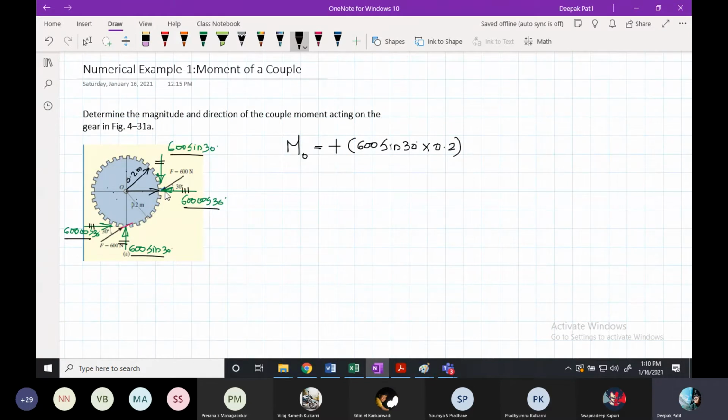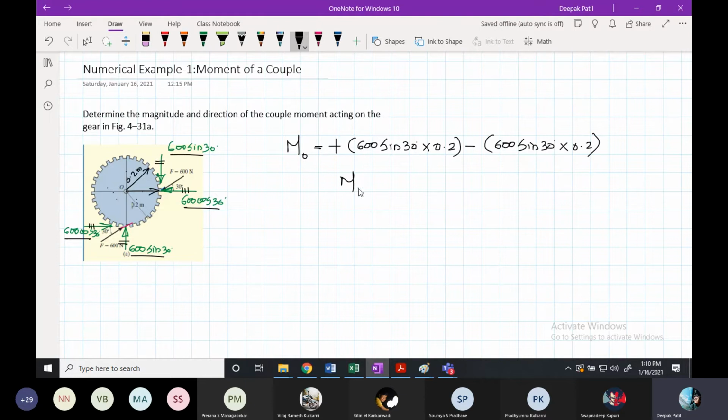Now let me find the moment because of these two forces. I can check whether these two forces are causing clockwise or anti-clockwise, and I can see that they are actually trying to cause anti-clockwise. So I should write it as minus 600 cos 30, and once again the perpendicular distance will be 0.2 itself.